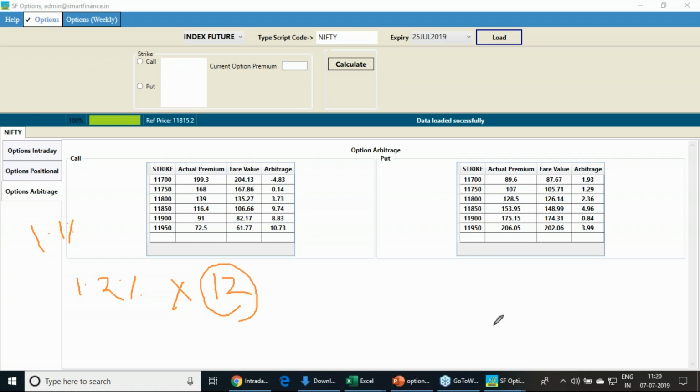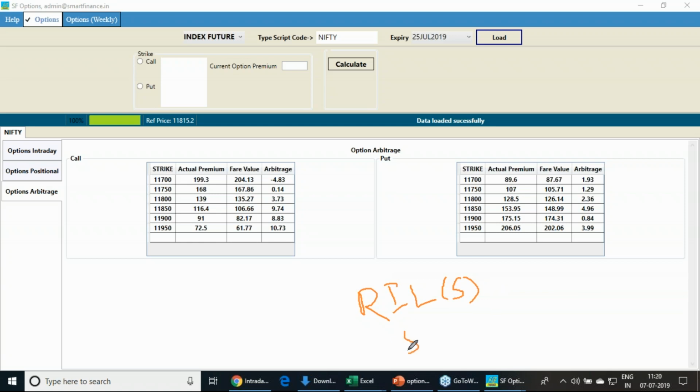How to do that? Buy Reliance stock, RIL. You buy 500 quantity, spending 6.5 lakhs.